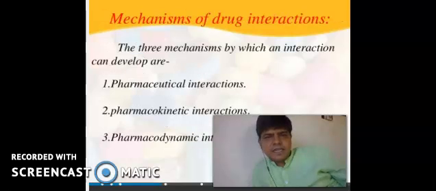The mechanism of drug interaction is also one of the important criteria, how this drug interaction takes place. There are three mechanisms by which drug interaction can develop: pharmaceutical interaction, pharmacokinetic interaction, and pharmacodynamic interaction.